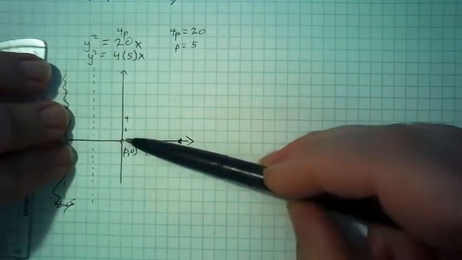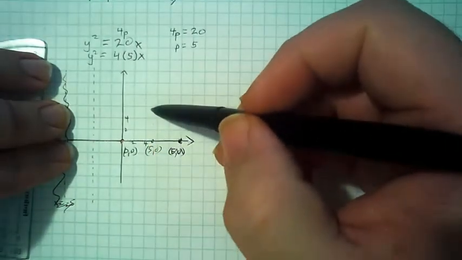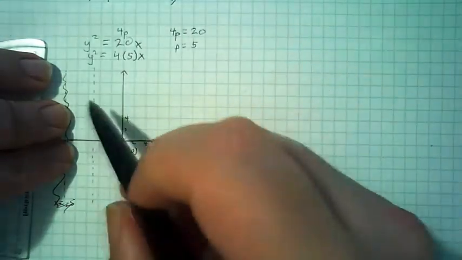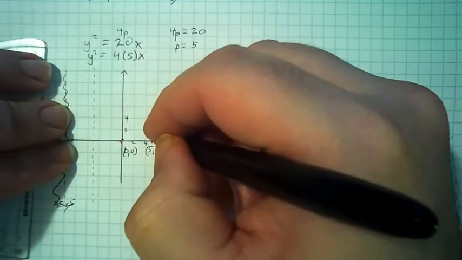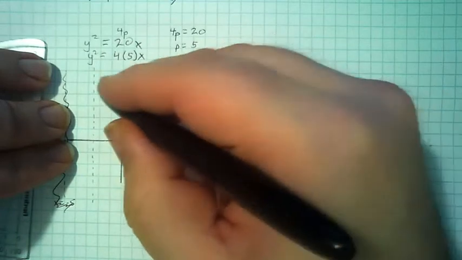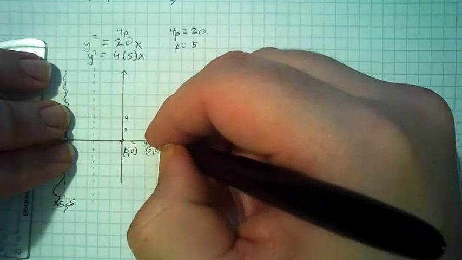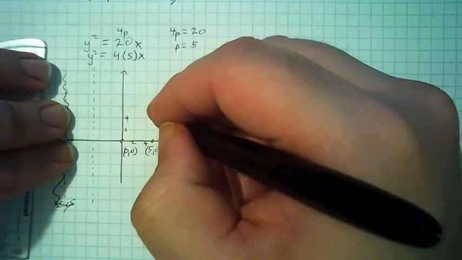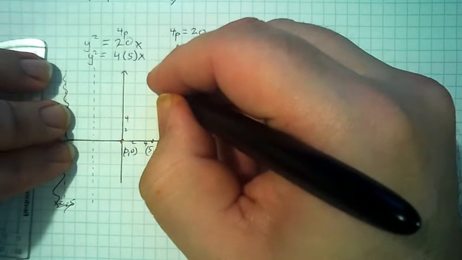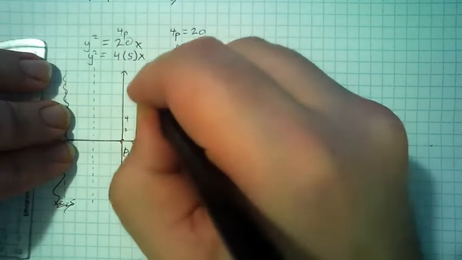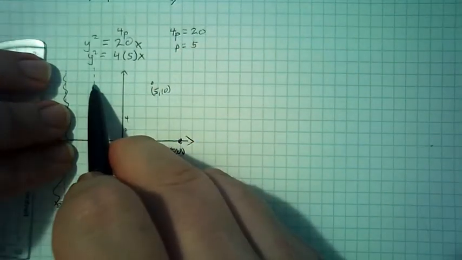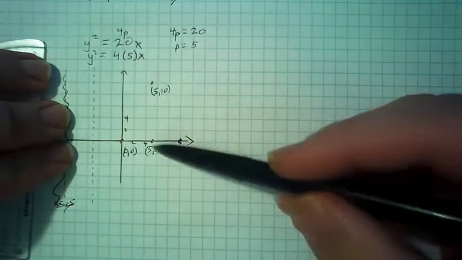Okay, so this distance is 5, this distance is 5. So the distance, if I go straight up, the distance across here is going to be 10. 5 to get to the axis and 5 more to get right above my focus here. So the distance from the line is going to be 10. So I need to go 10 spaces up. 2, 4, 6, 8, 10. This point right here then is 5, 10. And it's on my parabola because it's 10 to get from negative 5 to 5, and it's 10 to get from 0 to 10.